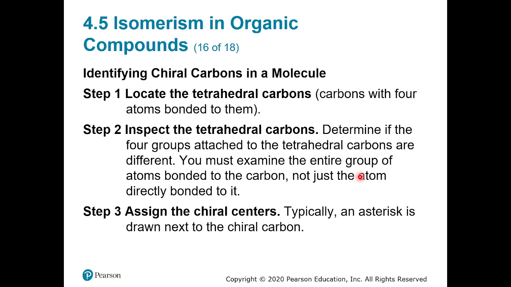You're then going to take those tetrahedral carbons and inspect them, to determine if the 4 groups attached to them are actually different from each other. If you have 2 of the same group attached, it can never be chiral, because no matter what you do, the mirror image can always be superimposed on the original. A great example of an achiral item is your chairs.